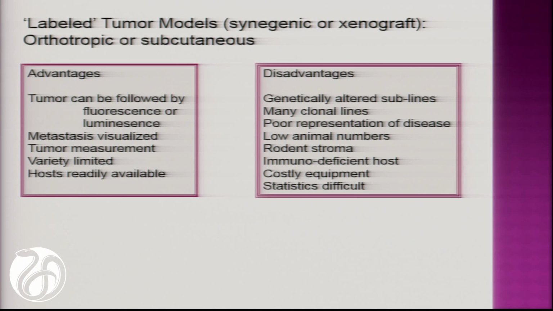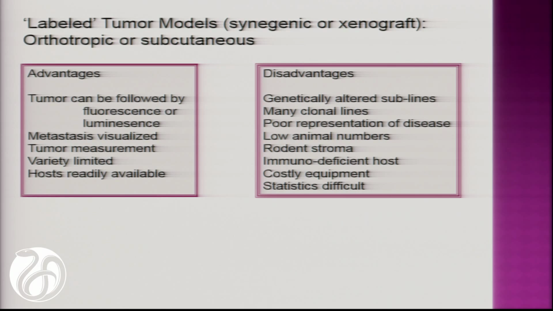Therefore, metastasis can be visualized in these animals before there are any nodules, and you don't have to excise anything. The tumor measurements are often a little quirky, photons or pixels, something of that type, but you can see growth or shrinking. The variety is limited for these tumors, and the hosts are readily available.